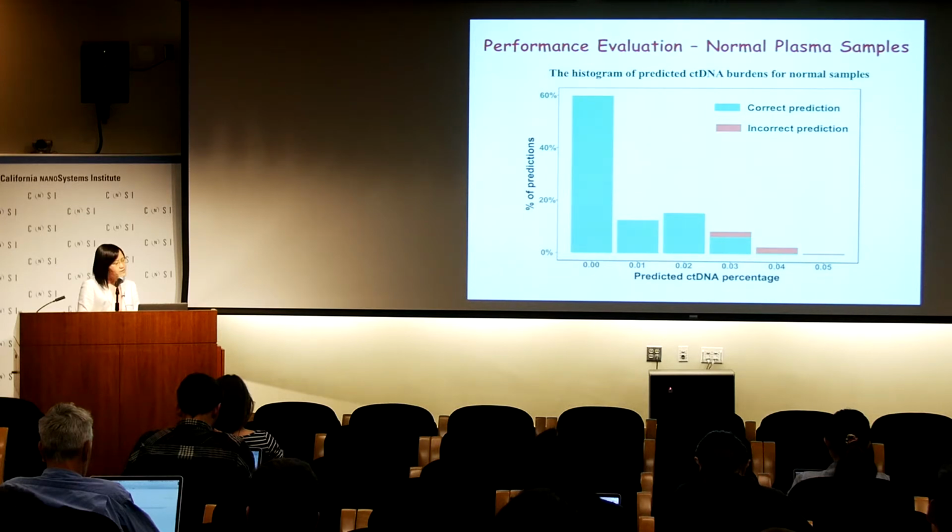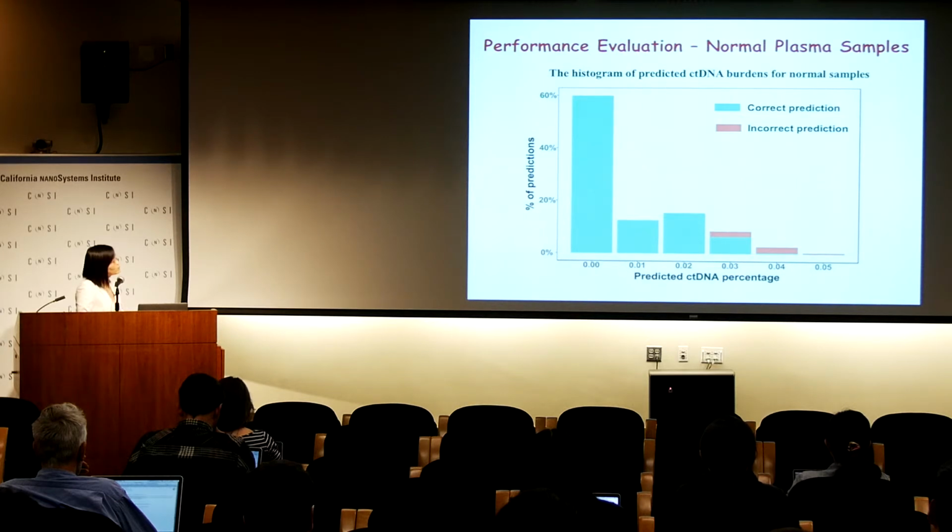And obviously, for the normal plasma samples, ideally we should predict a tumor burden of 0. And you can see that in the majority of cases, we did predict a tumor burden of 0. So this is the predicted ctDNA percentage in all the normal plasma. But we also have a minor fraction of normal plasma samples for which we predict a tumor burden of probably 5% at most.